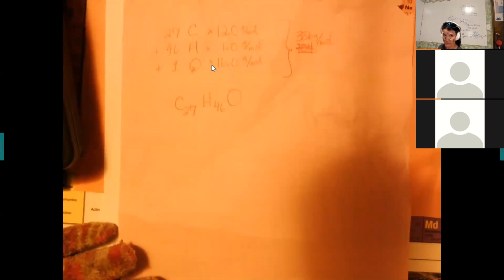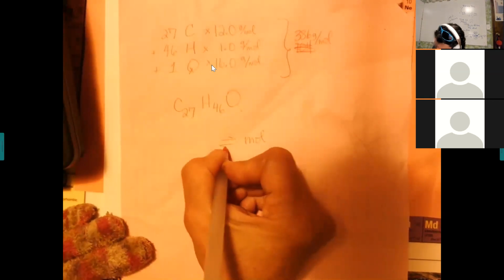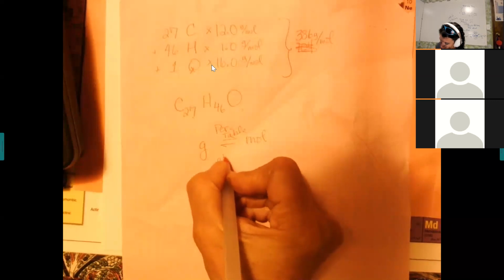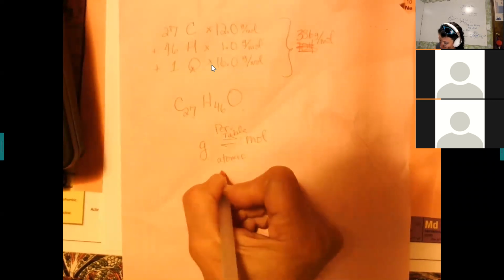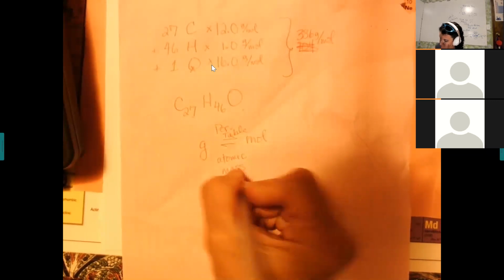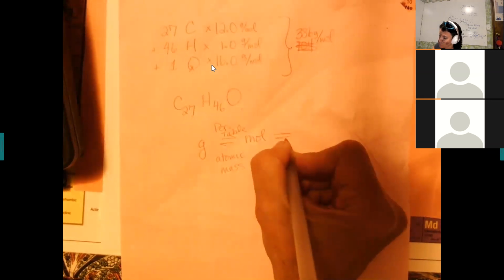So there is the mole again, our center place. You can go between grams and moles. That's the periodic table. That's the atomic mass. It's often called the molar mass because it's the mass of 1 mole.